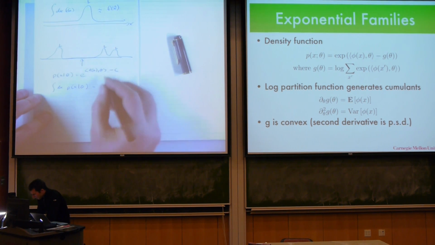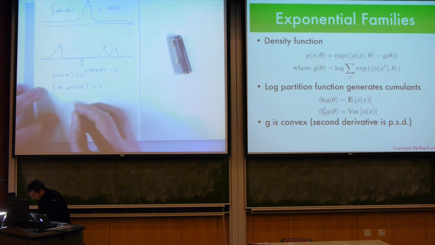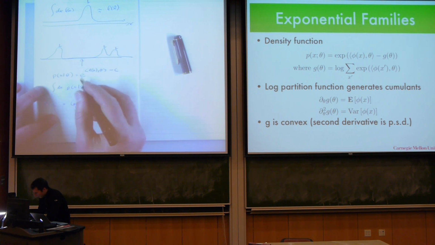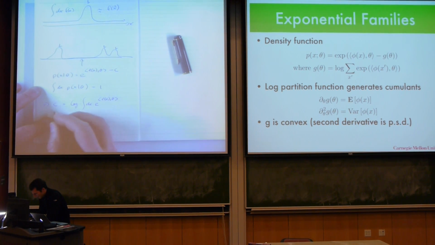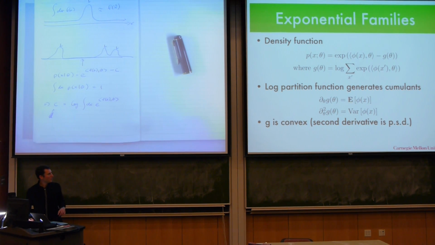So from that it follows, because we have a minus c here, that c equals the log of the integral dx e to the phi of x times theta. I just took the log of that outside the integral. See, before that I had basically e to the c standing here, but this is not so scary. And now that's exactly what our function g of theta does.